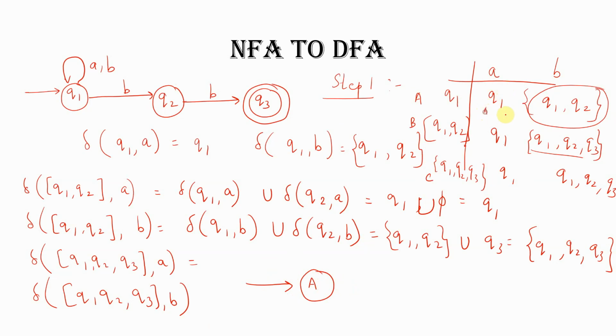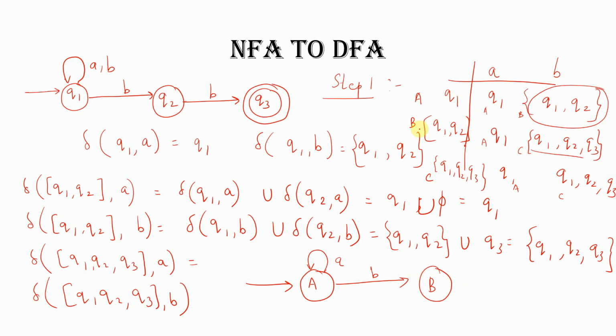So this will be considered as A. This is B, Q1 is A, this is C, this is A and this is C. So from A, if I get A, I go to which state? I go to state A. If I'm in state A and I get input alphabet B, I go to state B. So from here I will have a transition which takes me to state B.